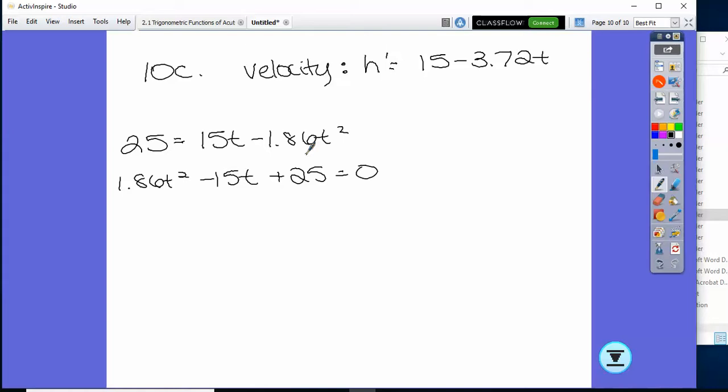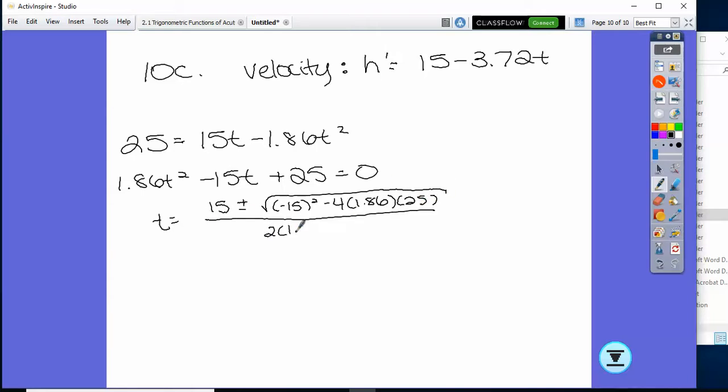Could look at a graph or the quadratic equation. Say either one. Let's do the quadratic. Opposite of b plus or minus the square root of b squared minus 4ac, all over 2a.